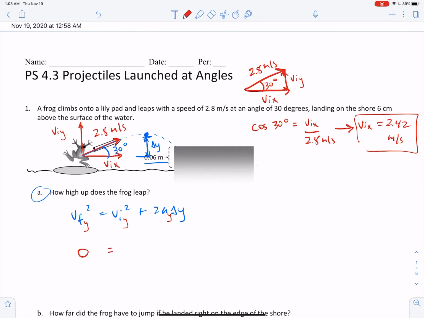I also know that the sine of 30 degrees is equal to V_iy over 2.8 meters per second. That means that V_iy is going to be equal to 1.4 meters per second.